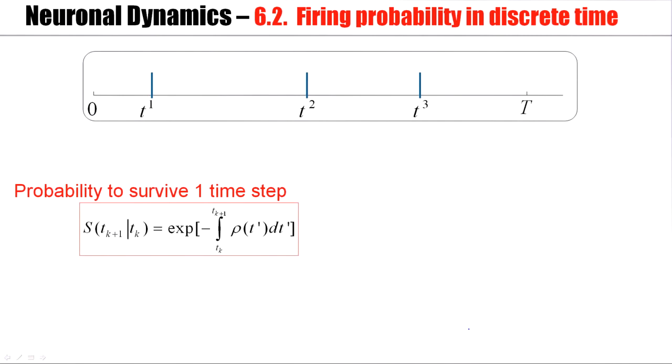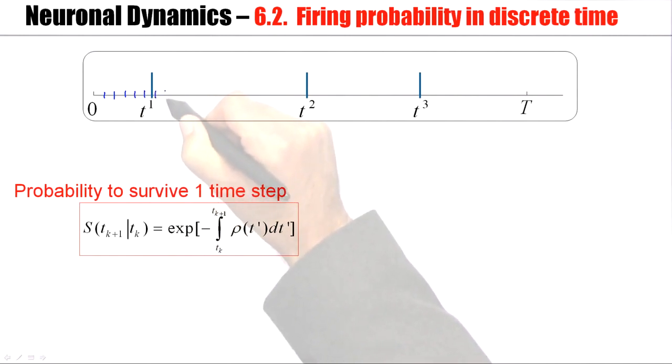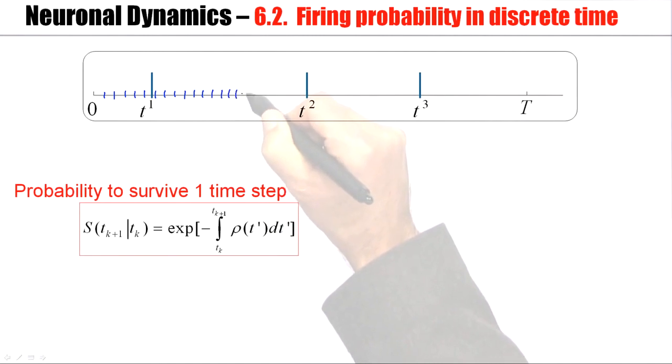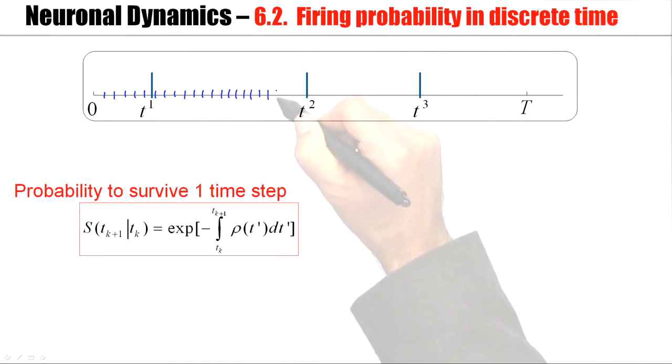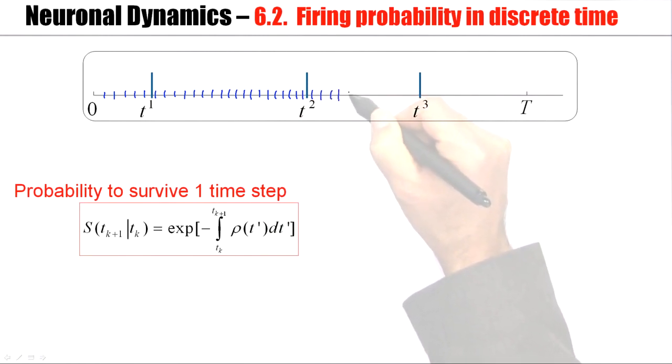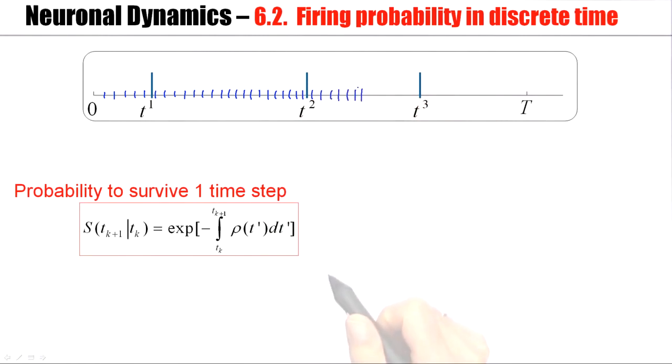One thing is, for an interpretation of this escape rate, but also for simulations on a computer, we have to work in discrete time. So suppose I have some discrete time steps, and from time to time there is a spike. So let's draw a couple of these discrete time steps, and I have a couple of spikes.